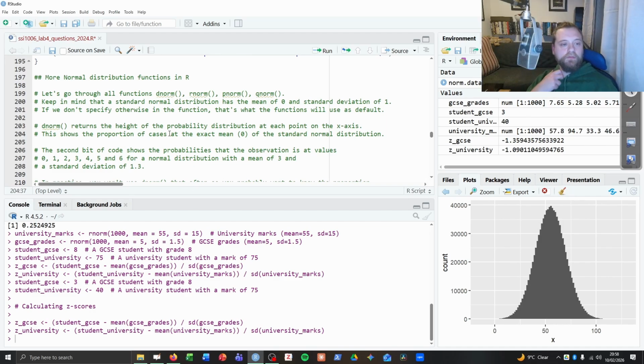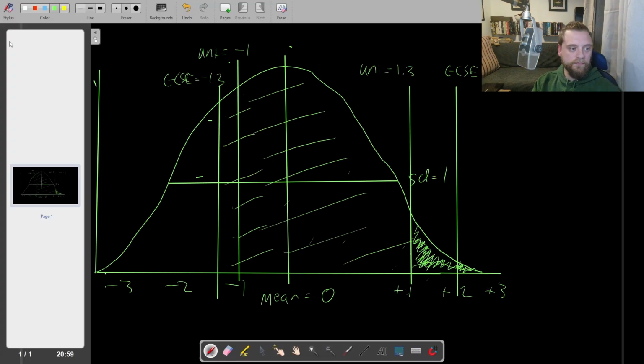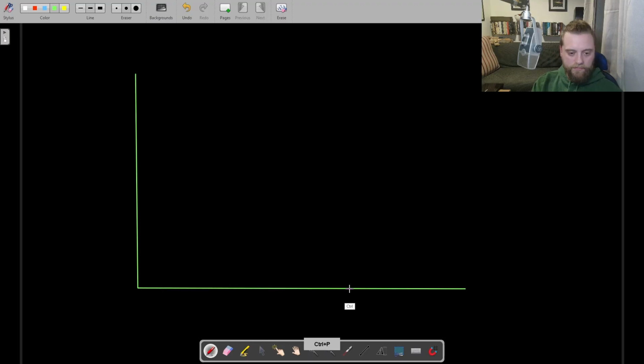Now, there are a few more normal distribution functions in R that we can use. And I want to particularly look at qnorm. Because with qnorm, really all we're going to do is take the calculations that we already ran, and do them backwards. So let's erase this and we'll recreate our previous graph. So we have our normal distribution.